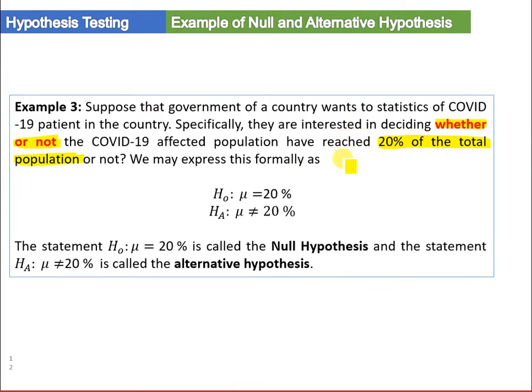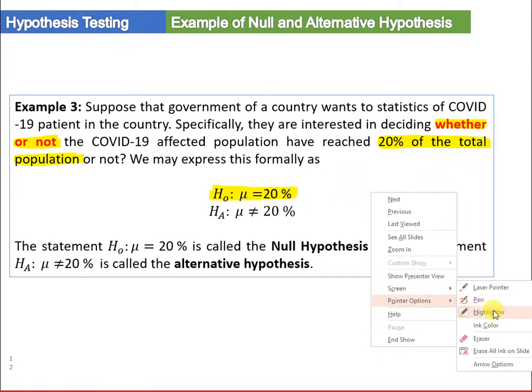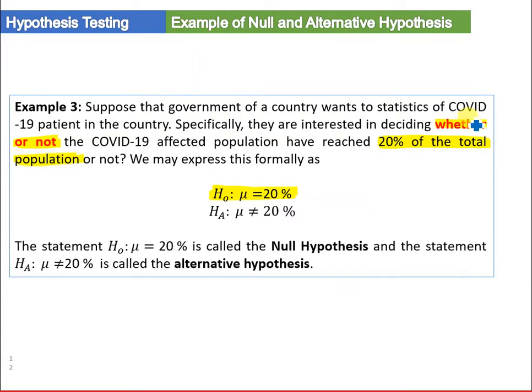First of all, we say that yes, it reached 20%. This will be the null hypothesis. Then for the alternative hypothesis, if it is not, we are not saying that it's more or less. We take the words 'whether or not', which means not equal to, to give the alternative hypothesis. So the null hypothesis will be mu equal to 20, and the alternative hypothesis, mu not equal to 20.